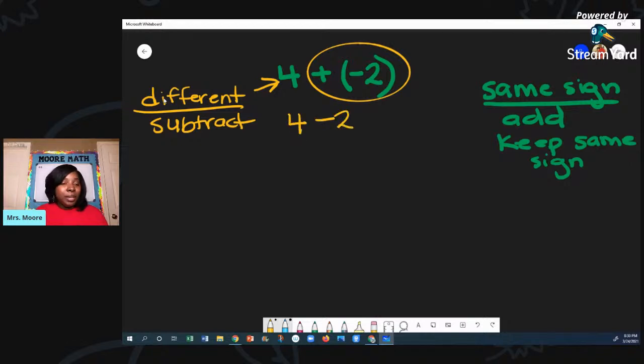Four minus 2, we know to subtract, is 2. But is it +2 or is it -2? It's +2 because we're just going to the left 2 spaces. And that is adding and subtracting integers. All right. Awesome job, guys.